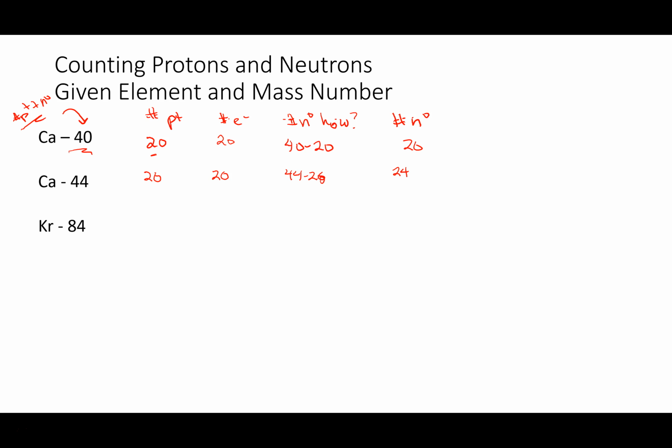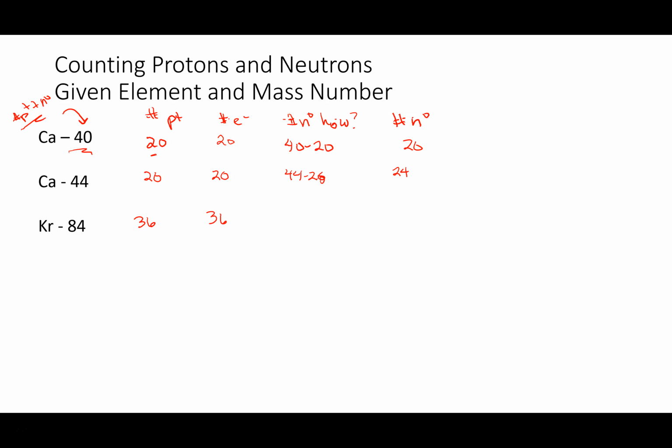So back to you, Kate. So we're dealing with Kr. I'll ask you a couple questions then. What does Kr stand for, Kate? It does stand for krypton. Very good. And so how many protons are we talking? 36 protons. And then Ashley, if it's neutral, how many electrons? 36 electrons. Very good.